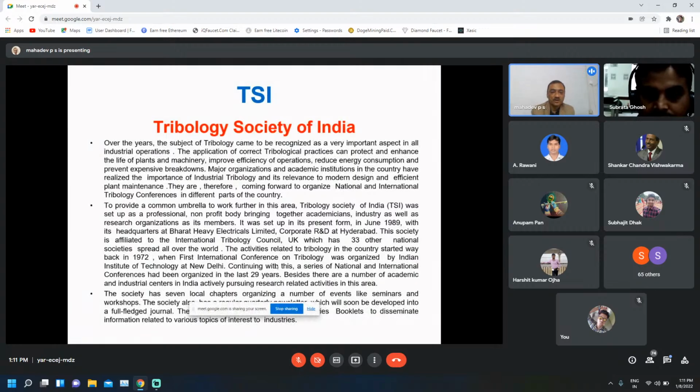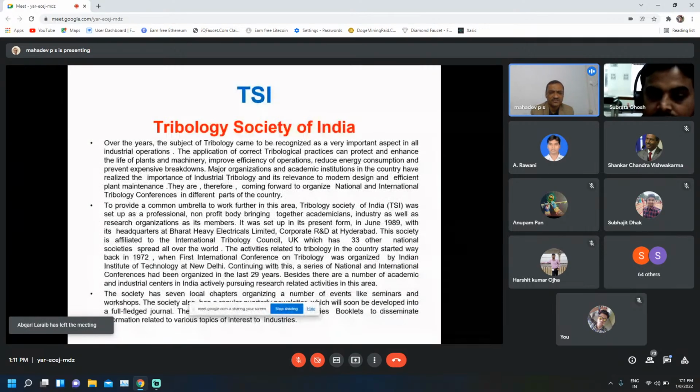There are many local chapters of the Tribology Society of India. Every year in the month of June, they conduct one summer research school on tribology that is free of cost. Those faculties who are involved in research and other academic activities can join that free.